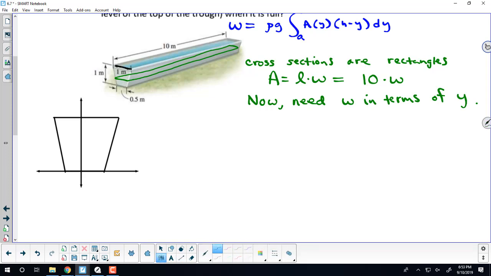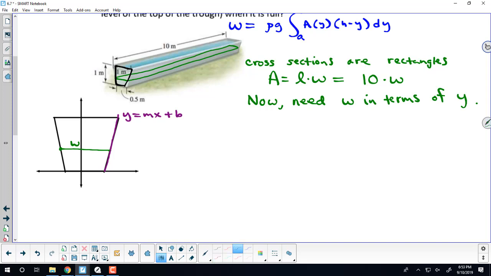So we can establish exactly how the width varies. What kind of function are we dealing with? It's a linear function, right? Our cross sections run through here, and we want to know the width of each cross section, so we're focusing on the equation of that line.